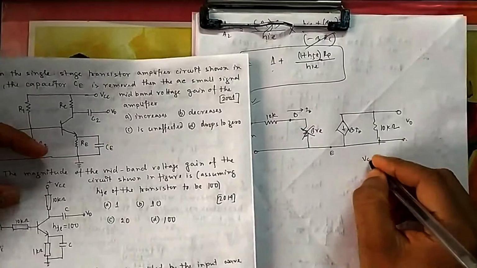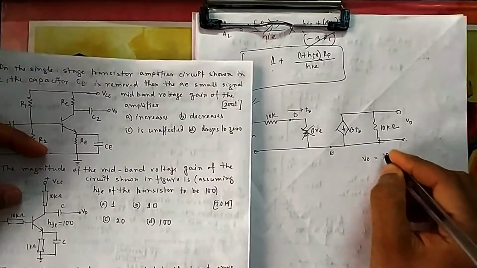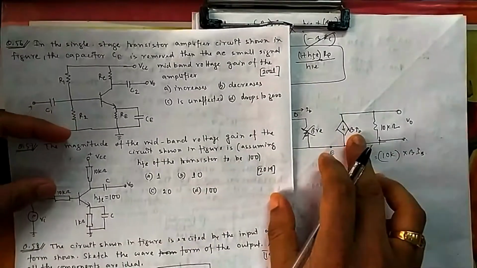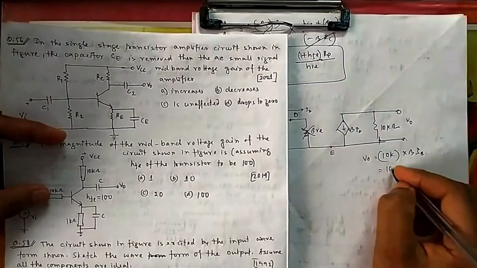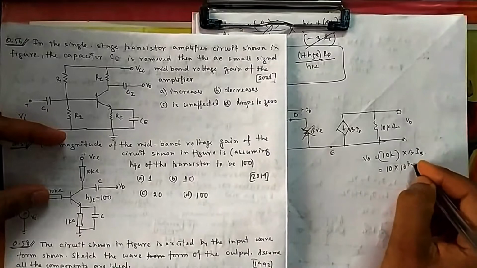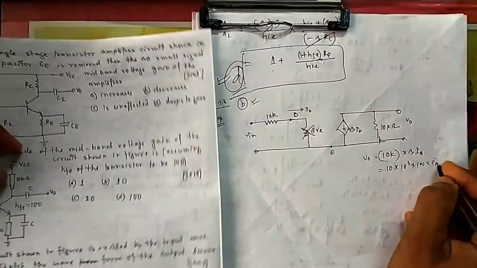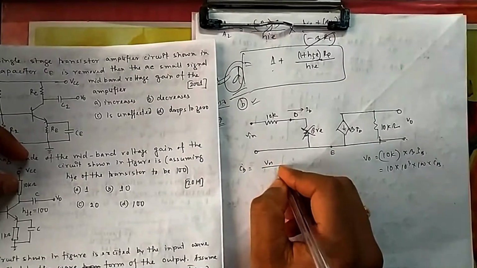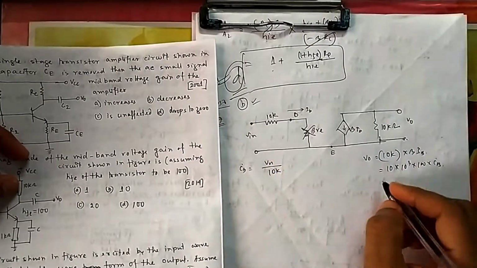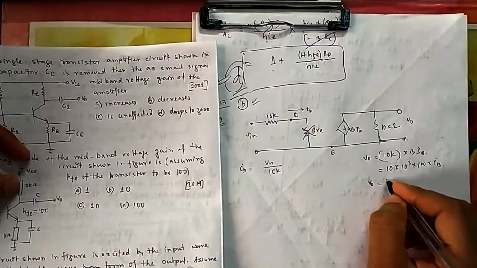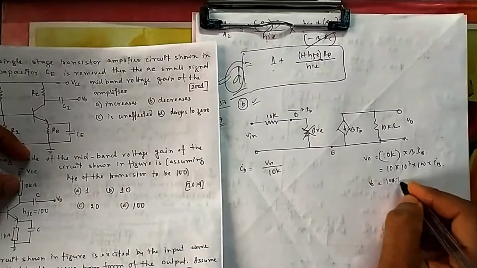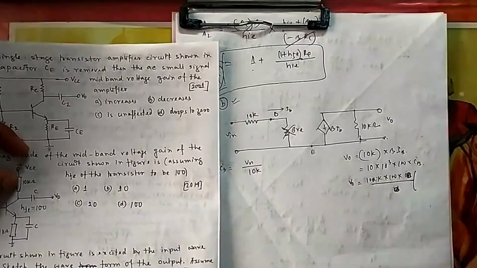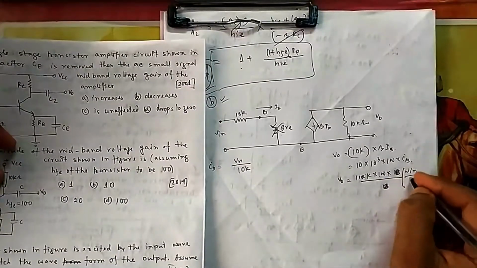So what is your V output? V output is 10 kilo into beta into IB. What is beta? Beta is equal to hfe, that is 100. So 10 into 10 to the power 3 into 100 into IB. And what is IB? IB you can think of as V in by 10 kilo. So if you put it there, V0 will be equal to 10 kilo into 100 into V in by 10 kilo.